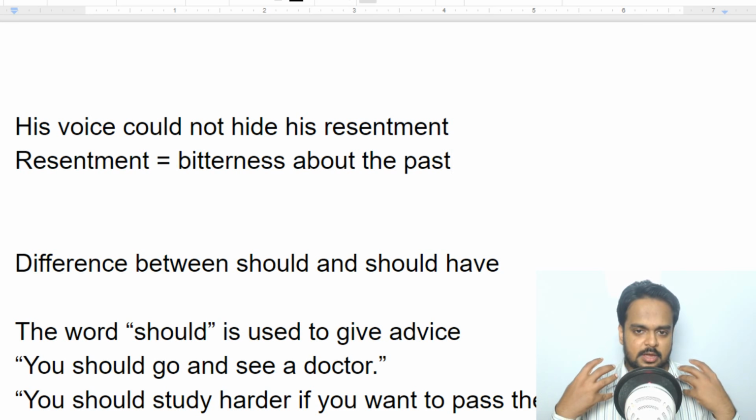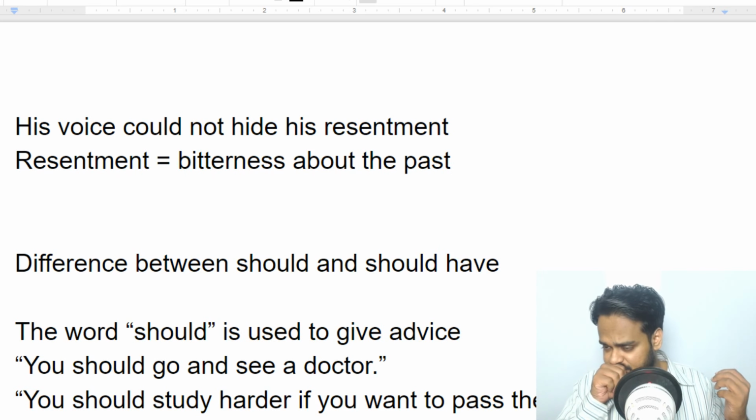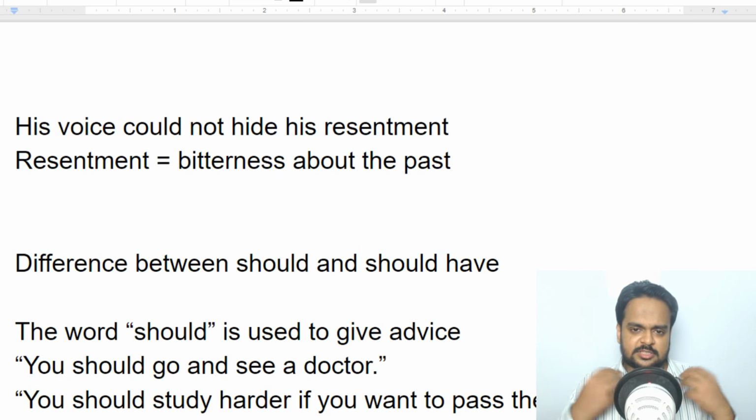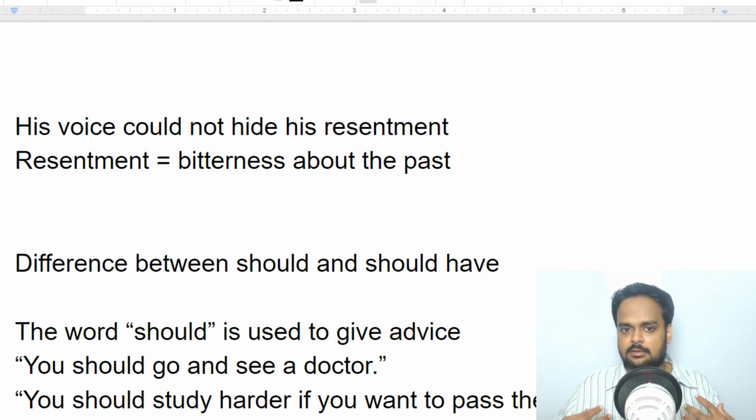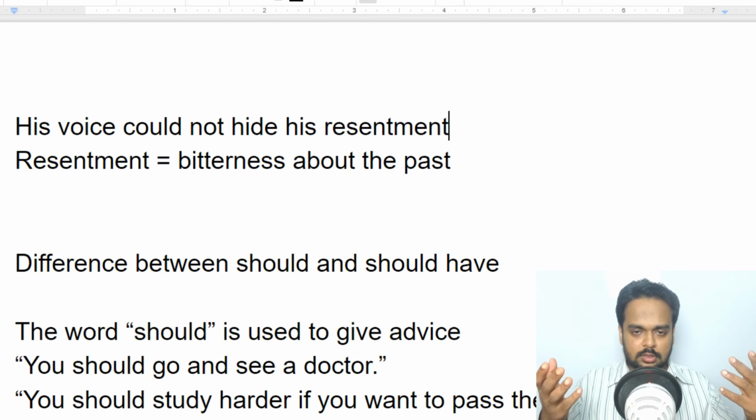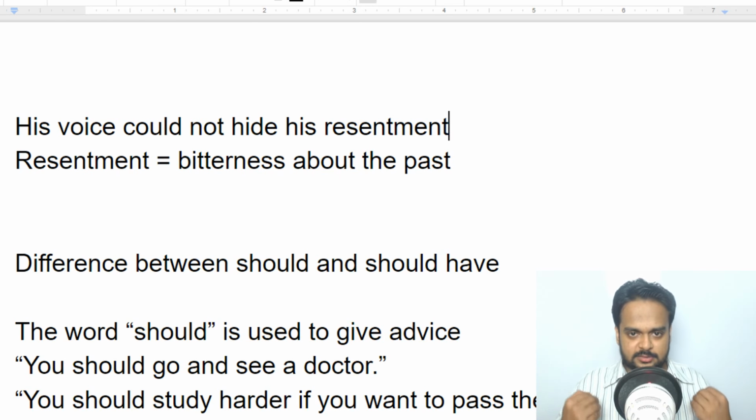That is the feeling of being bitter, the feeling of not being happy. Having some lingering, some negative feeling about the past. So his voice could not hide his resentment means that when he spoke, he was not able to suppress that bitterness in his voice. It showed in the way that he was speaking.